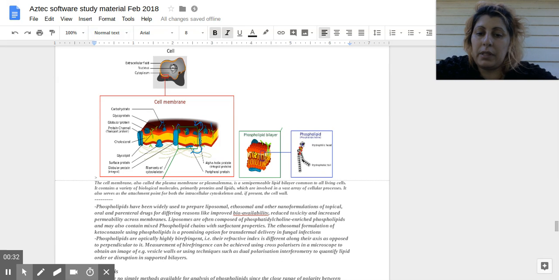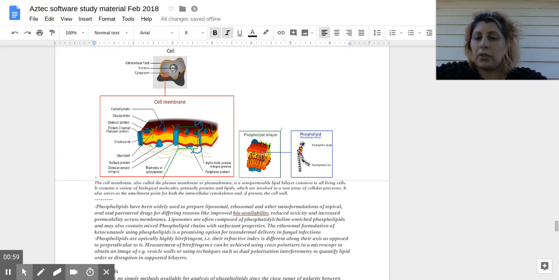Primarily, these are proteins and lipids, as well as carbohydrates, which are bound to these proteins and lipids. So these molecules are involved in a vast array of cellular processes having to do with the membrane and various reactions within the cell.